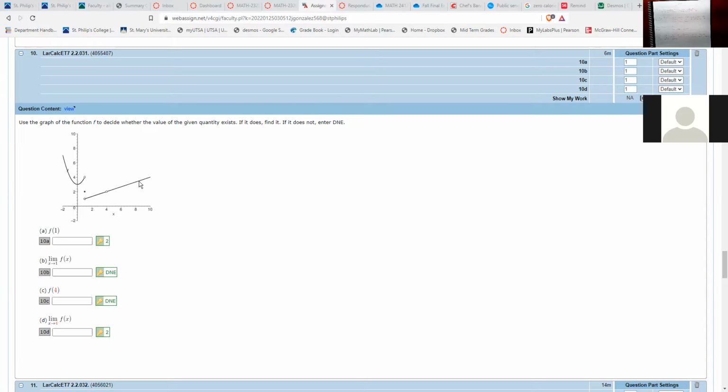The right-handed limit as I approach 1 from the right is approaching the y value 1, right? So the right-handed limit is equal to 1, the left-handed limit is equal to 4. Because they are different, it does not exist. Does that make sense? That's the idea.